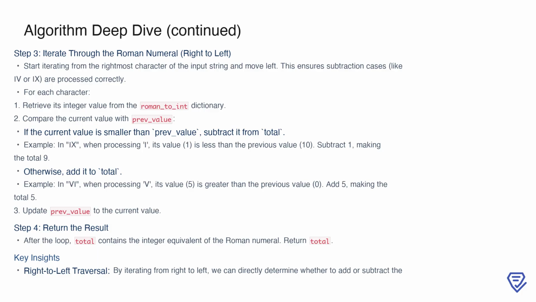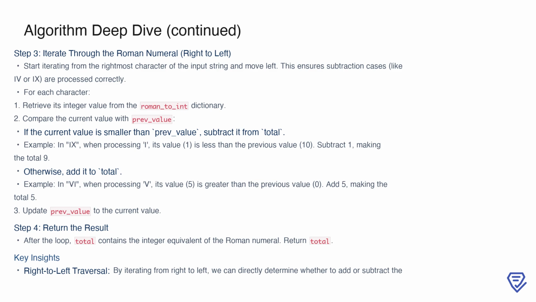Then, we compare this value to prev_value, which represents the last processed value. If the current value is smaller than prev_value, it indicates a subtraction case. For instance, in the Roman numeral IX, when we process I, its value, 1, is less than the previous value, 10, so we subtract it from total, resulting in 9.